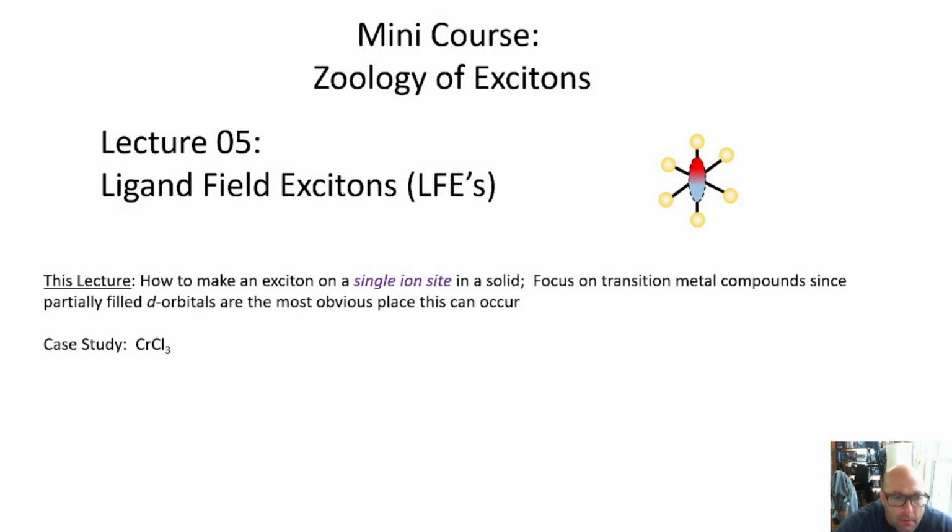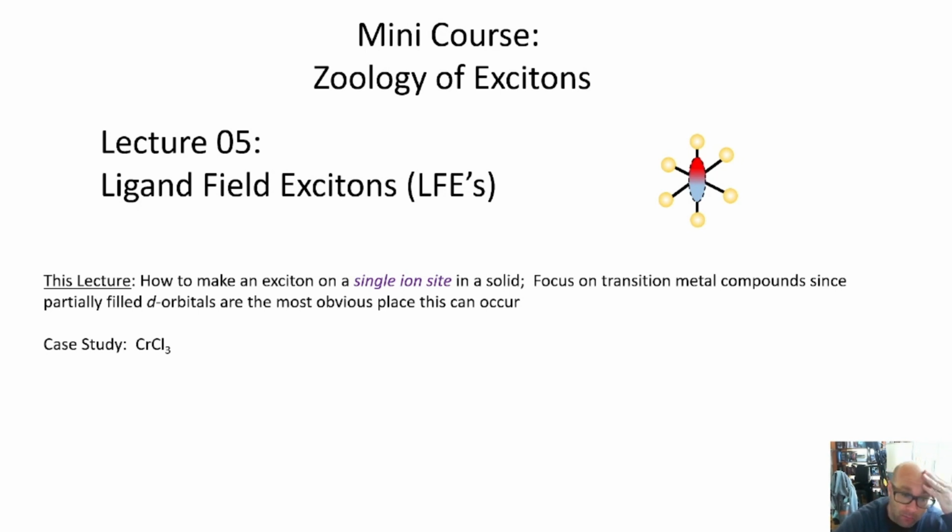So what we're going to talk about is how to make an exciton on a single ion site. I'm thinking about in a solid. I suppose that's not absolutely essential. You could think about it in a solution or even the gas phase if you wanted, but for me, as a condensed matter physicist, I'm always thinking about a solid. And so we're going to focus on transition metal compounds, which have partially filled d orbitals.